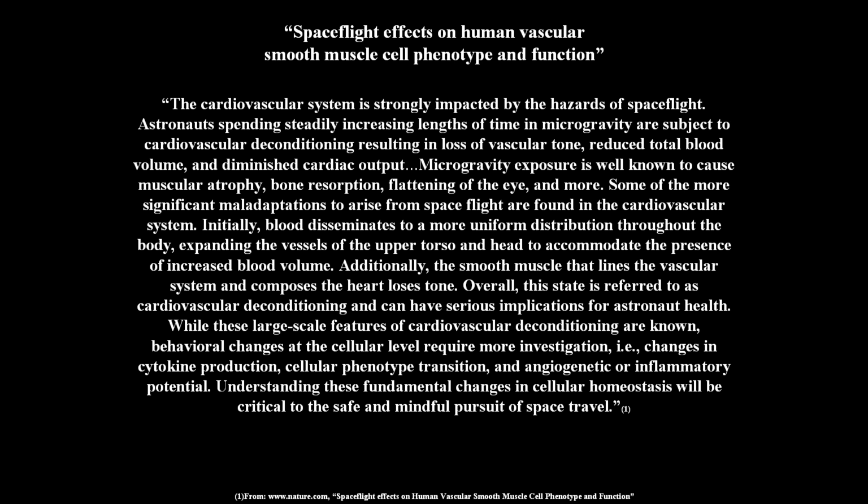Additionally, the smooth muscle that lines the vascular system and composes the heart loses tone. Overall, this state is referred to as cardiovascular deconditioning and can have serious implications for astronaut health.